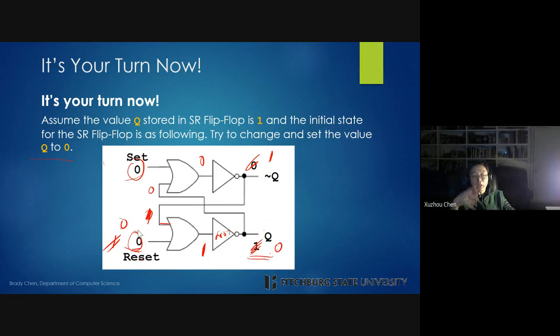Now, if you want to change the value to 0, you change the reset from 0 to 1 and change back to 0. This way you change the value stored in the flip-flop. So the Q is going to become 0, and this is also going to stay as 0. As long as you don't change the set, it's going to stay as a 0. So to store the number, you need to work on both the set and reset.